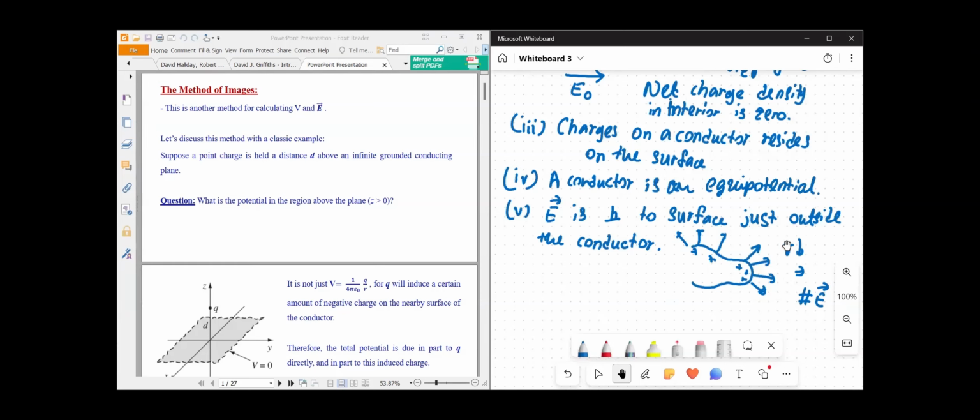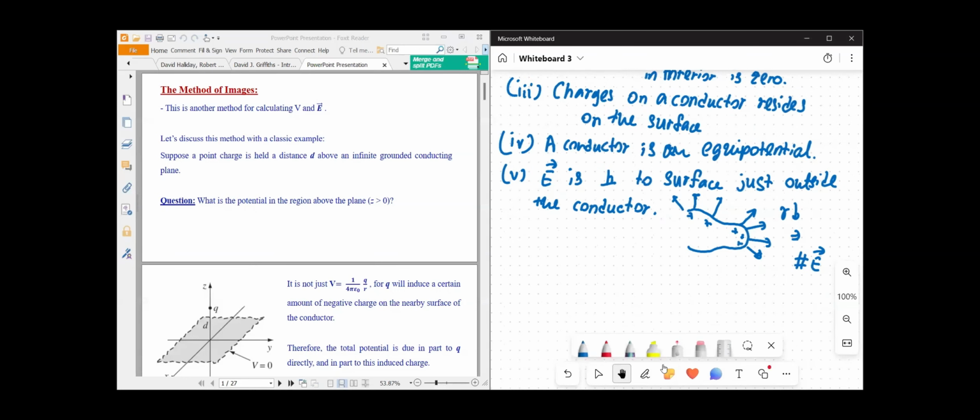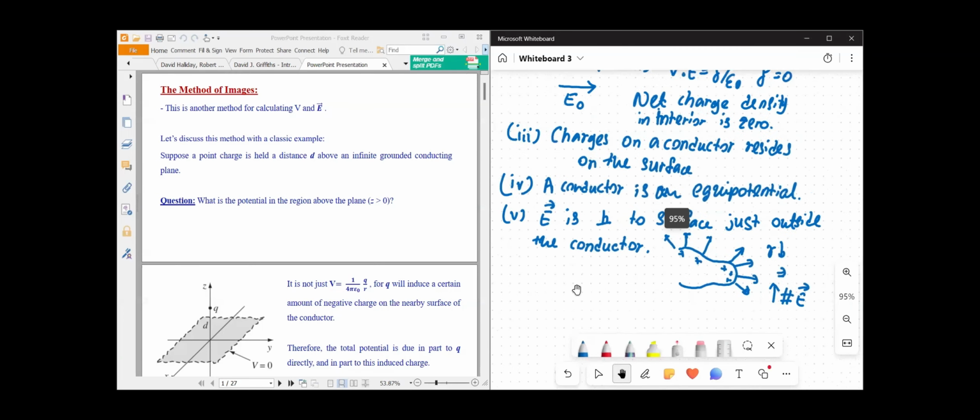And if the radius is high, then the electric field lines from those geometries are going to be relatively low. Okay. Now, this information is required for our discussion today.